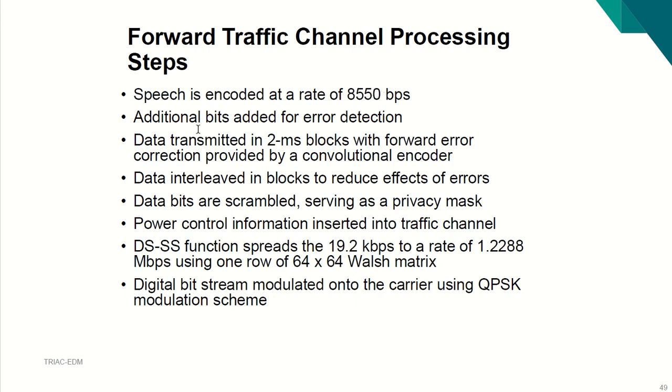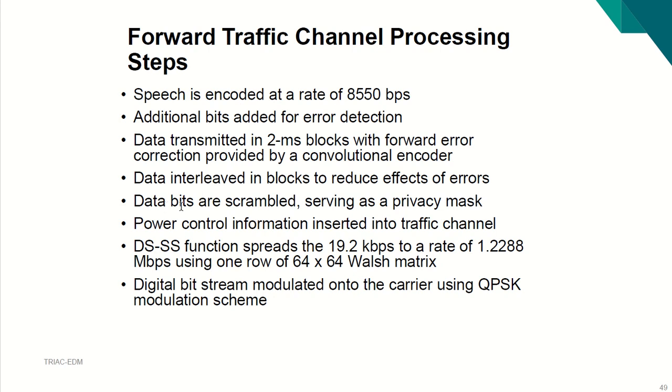Data is transmitted in blocks with forward error correction provided by a convolutional encoder. And then data is interleaved in blocks to reduce the effects of errors. So you put this bit there and that bit here, you interleave the blocks.